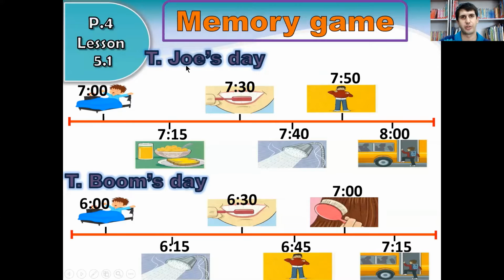So we have the top, Teacher Joe's day. This is my timetable, and here, Teacher Boom's day. This is what Teacher Boom does every morning. Now I will give you 30 seconds to remember everything on this page. Remember both timetables. Think hard, remember everything in your head so you can answer the questions. 20 seconds left.